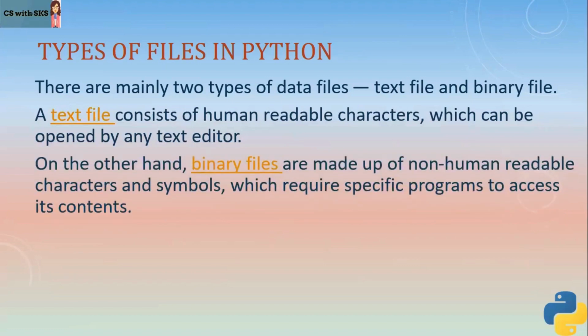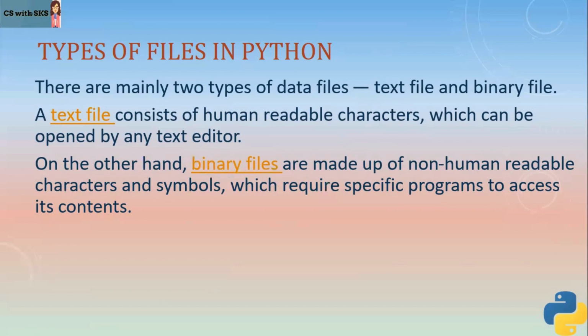Also, we have binary files which are made up of non-human readable characters and symbols, which are directly readable by machines, right? As you all know, computers understand only one language, which is binary language. So binary files are in that format, which requires specific programs to access its content. We can't understand what is written in a binary file.